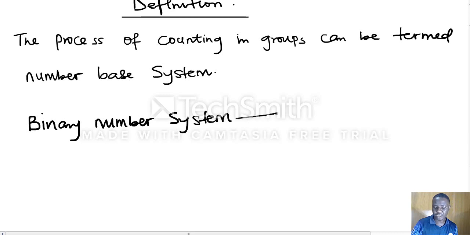And we say the binary number system has just 2 digits, which are zeros and ones. So in the binary number system, you have zeros and ones, and it is also said to be the base 2 number system.